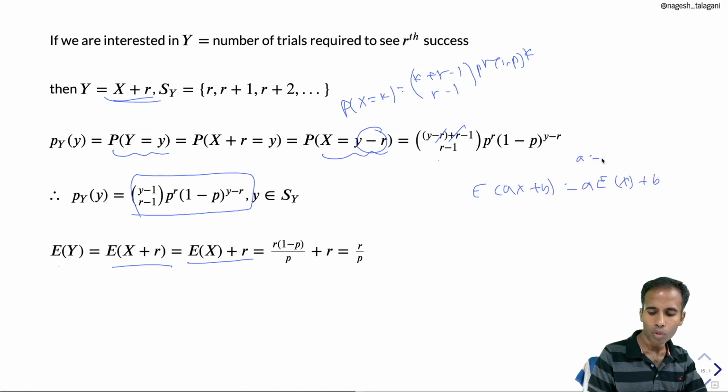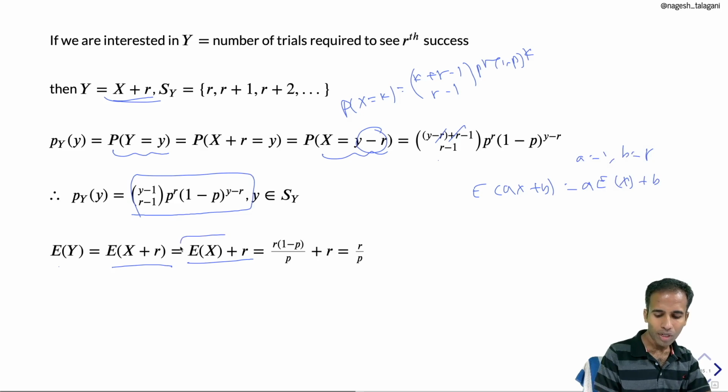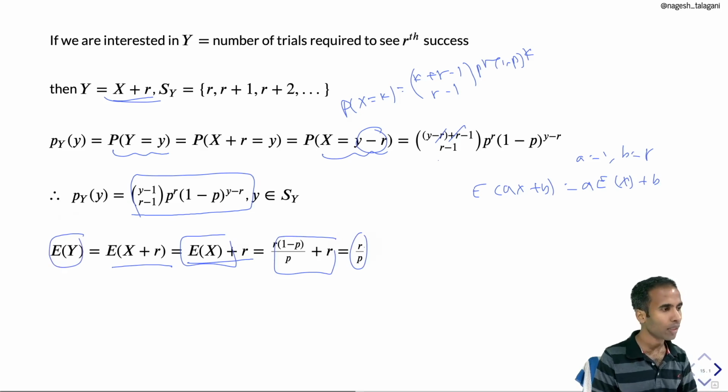Here a equal to 1, b equal to r. We already know the expectation of X is r times (1 - p) by p. So this whole thing gets simplified to r by p. Therefore the expectation of Y is going to be r by p.